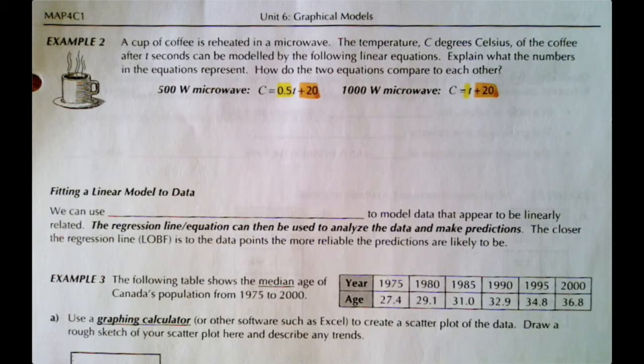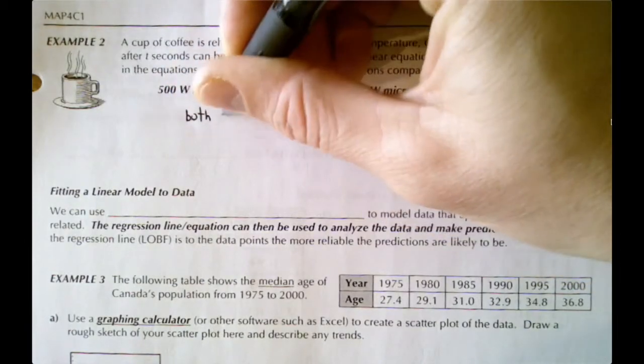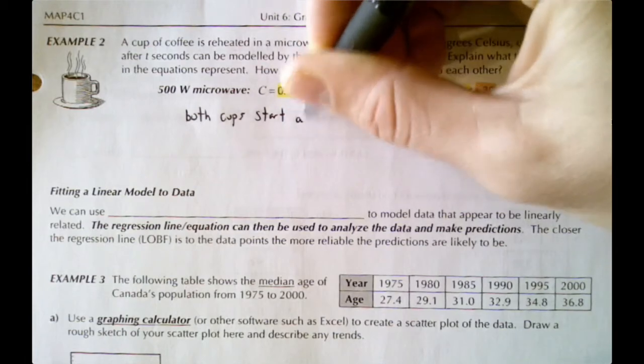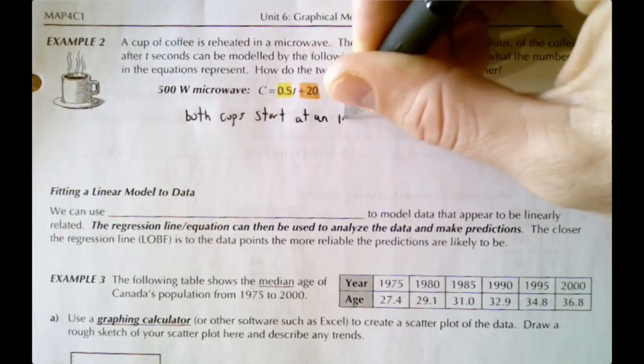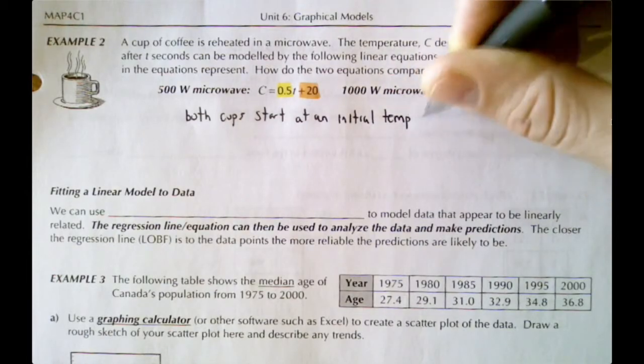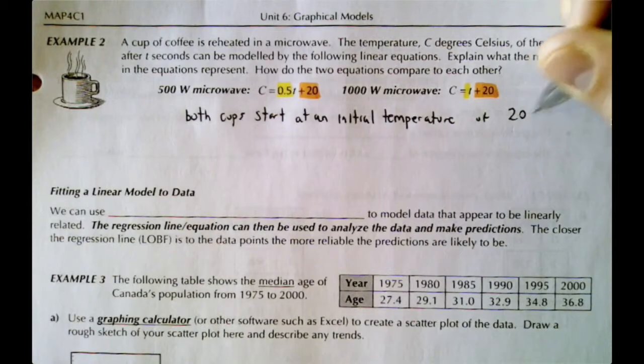The y-intercept, or the 20 in this case, is the initial value. So if these are cups of coffee, both cups start at an initial temperature of 20 degrees Celsius.